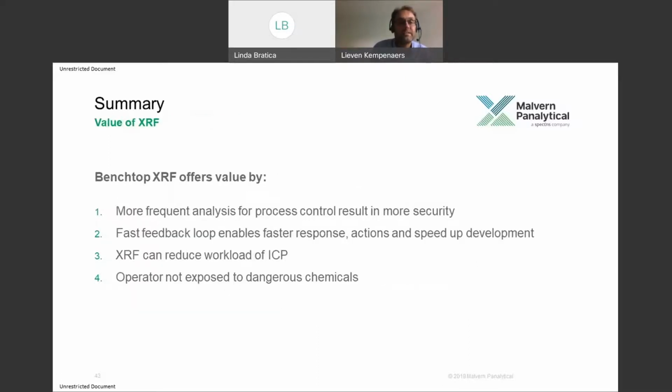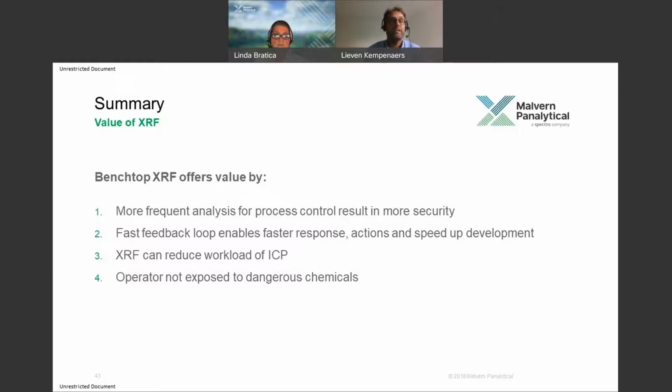And then my last slide as a summary: what is the value of the benchtop XRF? First of all, the method is fast, which means you can have frequent analysis in the process control, because it's a benchtop. It doesn't need any infrastructure.